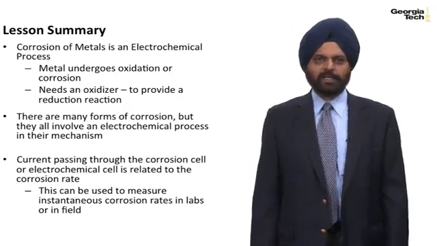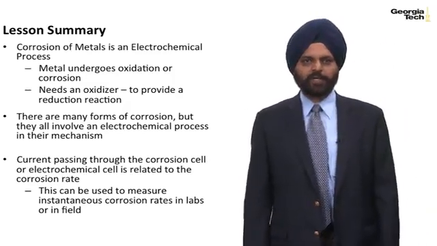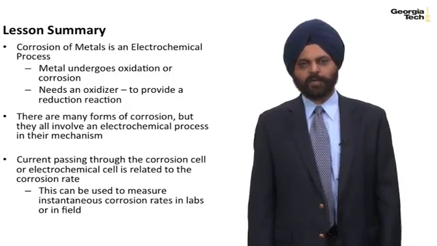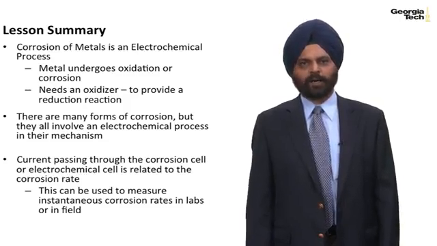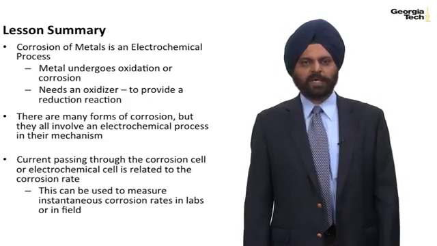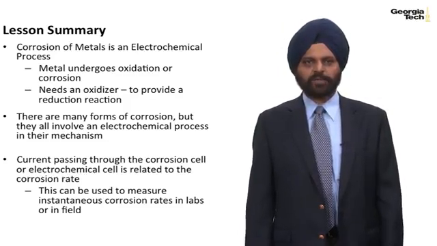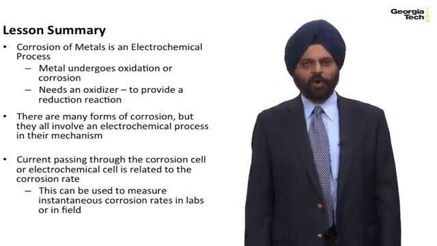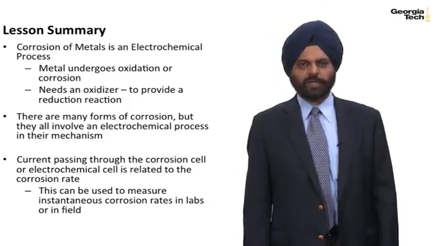So in this lesson, what I tried to introduce was that corrosion of metals is an electrochemical process, which means that metals which are corroding are undergoing oxidation. To do that, you need an oxidizer or something to consume those electrons, which is also called the reduction reaction. There are different forms of corrosion. It's not just general corrosion.